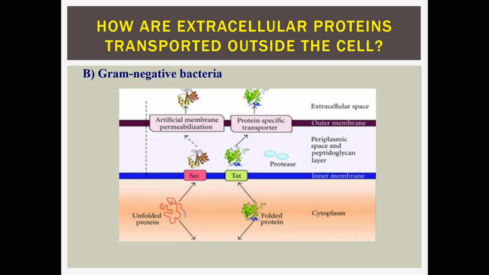Gram-negative bacteria have more hurdles because the peptides not only have to cross the inner or plasma membrane, but also have to cross the outer membrane to be translocated onto the surface or into the extracellular space. Because of this, gram-negative bacteria use special secretion systems to transfer proteins or effector molecules across the membranes.